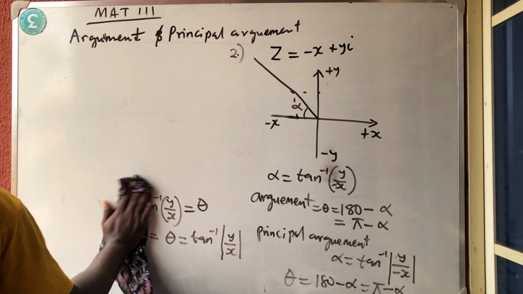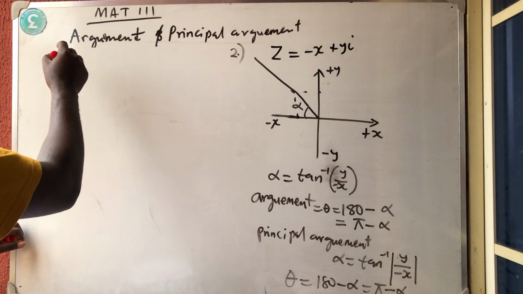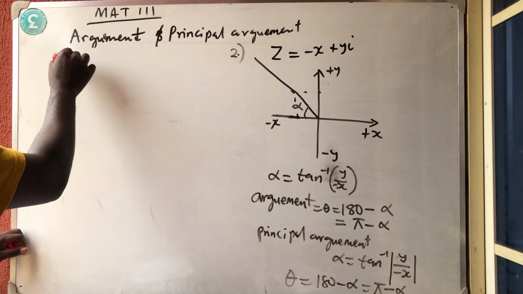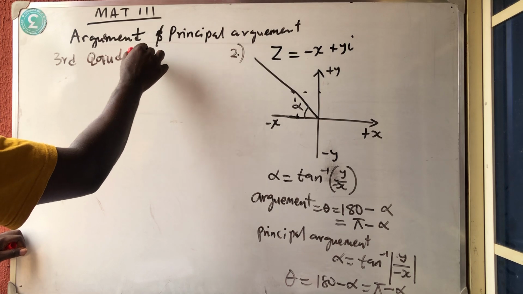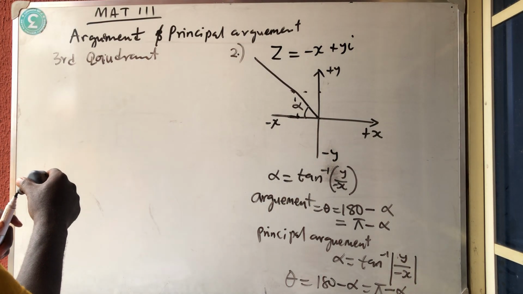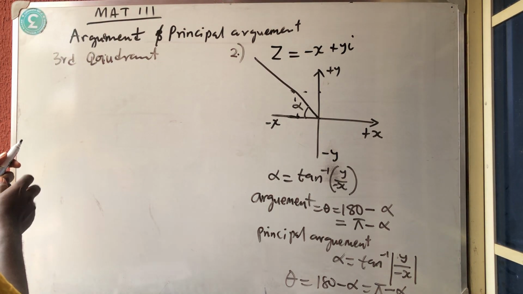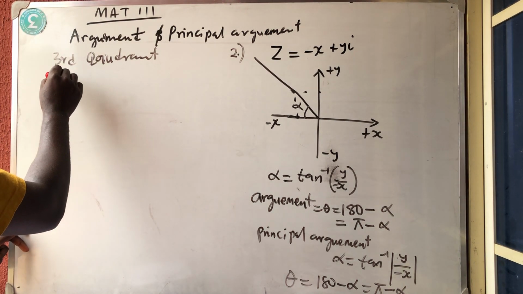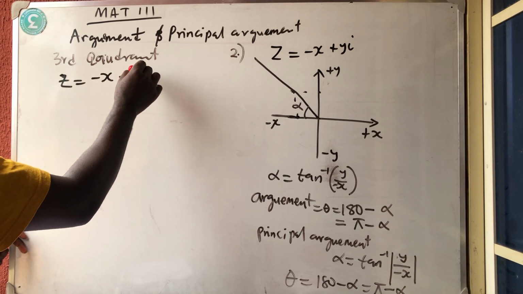So let's talk about the third quadrant. For the third quadrant, look at what we are going to have. I'm going to have that z is equal to minus x minus iy.